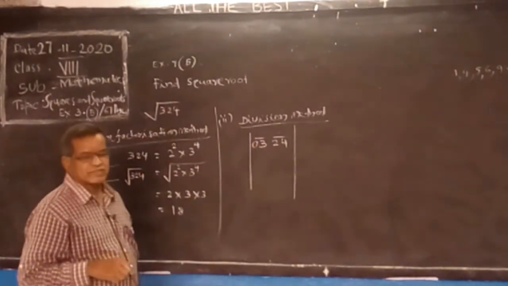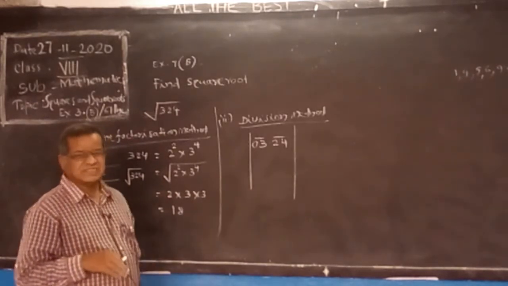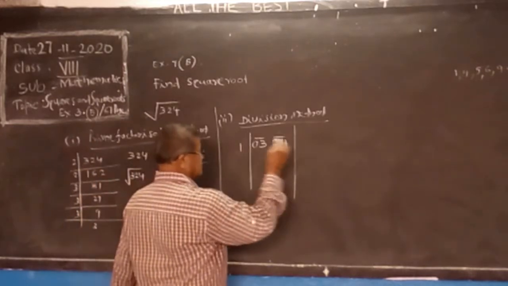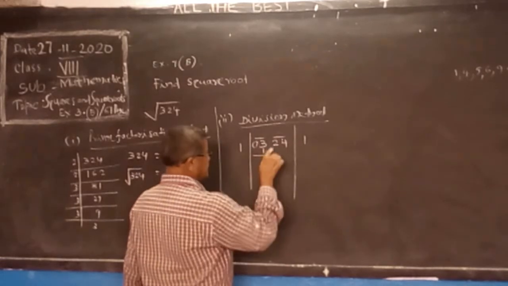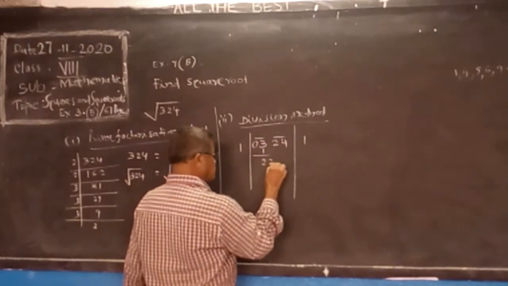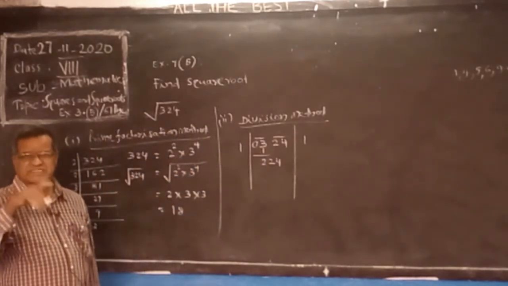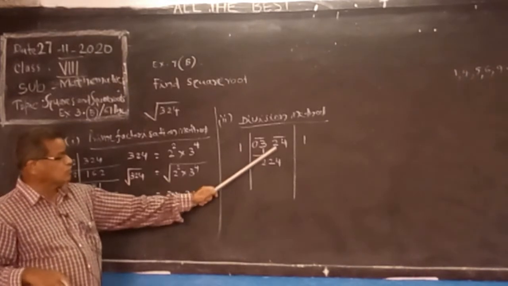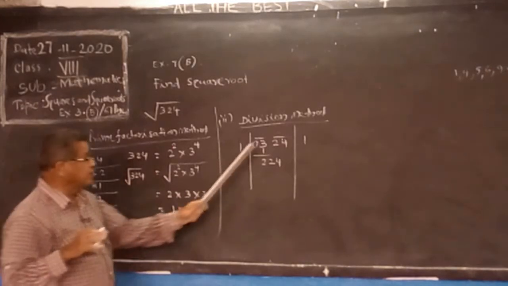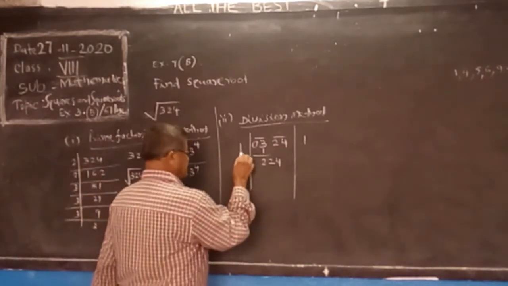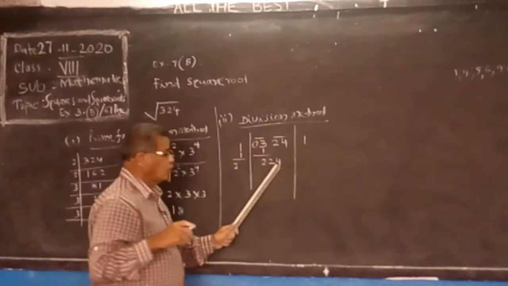Now read the table. 3 is there. 1 1 is 1. 2 2s are 4. So you take 1 1 is 1 only. Subtract. Take these 2 digits at a time. In our ordinary division, we take only a single digit, but in the square root we have to take pair digits. Repeat the same number, 1 1 2, add. Last digit is 4.